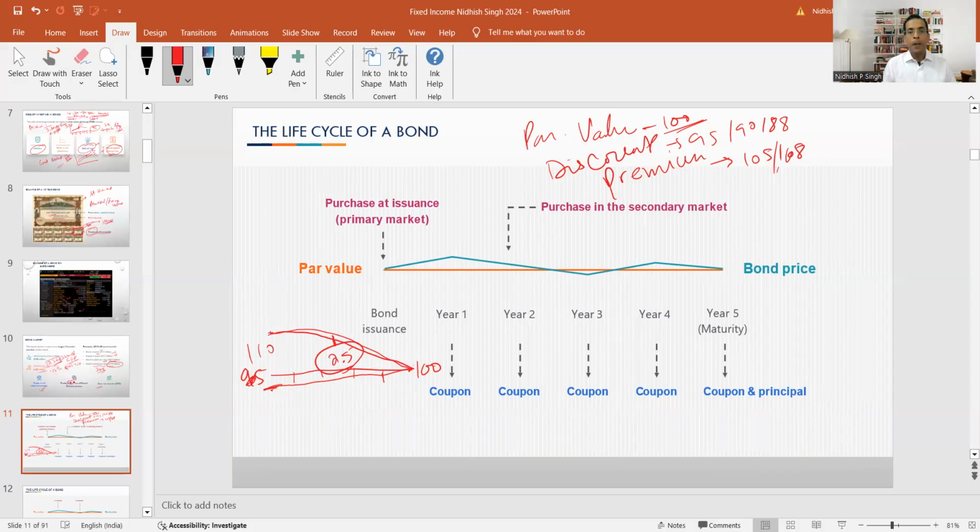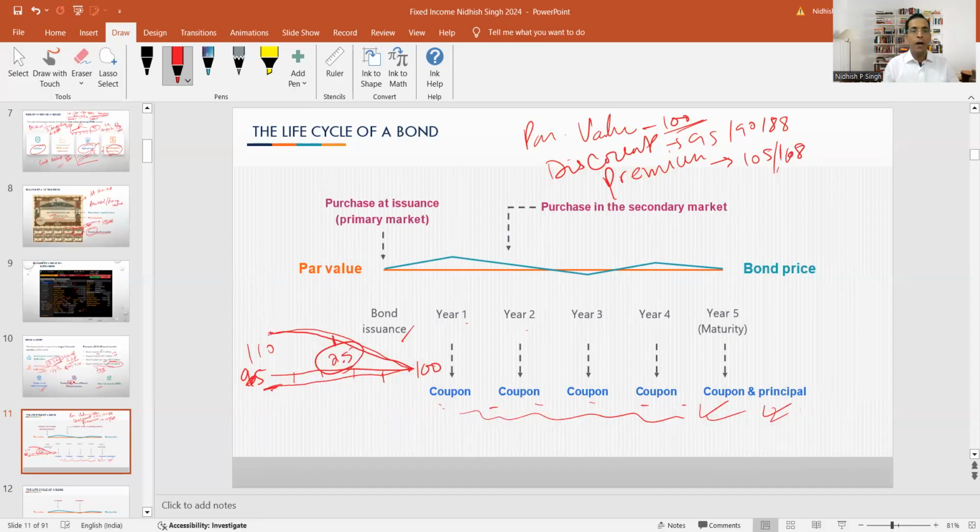And as the graph suggests here, bond issuance, and then every year we pay coupon. Here the assumption is that it is an annual coupon, but typically it is issued as a 6 monthly coupon bond. And finally at the maturity, coupon as well as the principal, both will be returned to the holder of the bond.